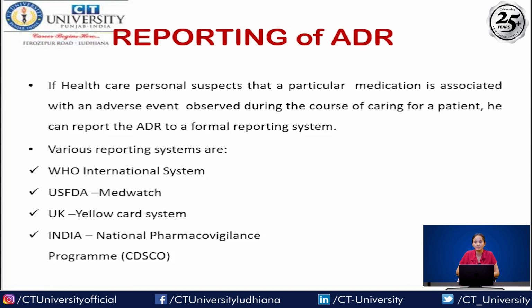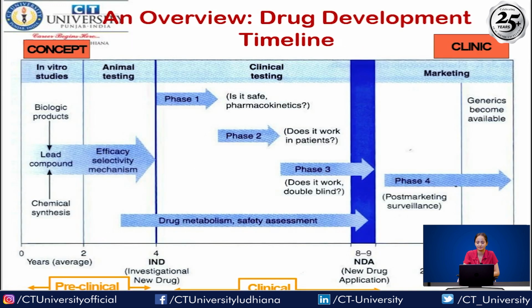There are various reporting systems. In India we have CDSCO, the National Pharmacovigilance Program. In the UK we have the Yellow Card system. For the US there is the FDA, and WHO has the international system. These are all for reporting adverse drug reactions found during the clinical trial phases or after your drug is introduced in phase 4.